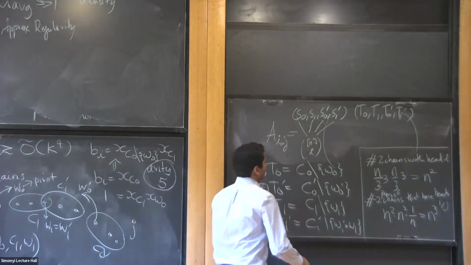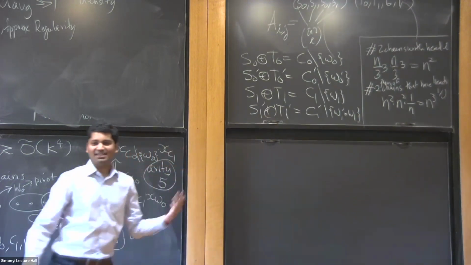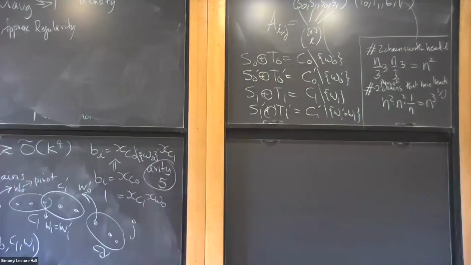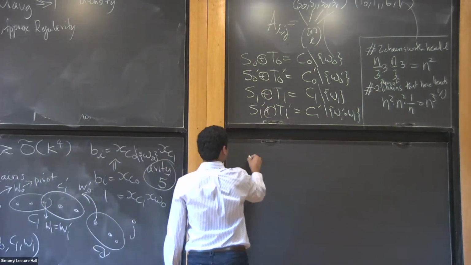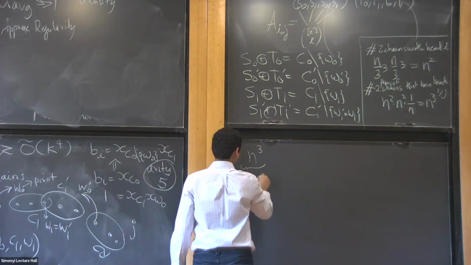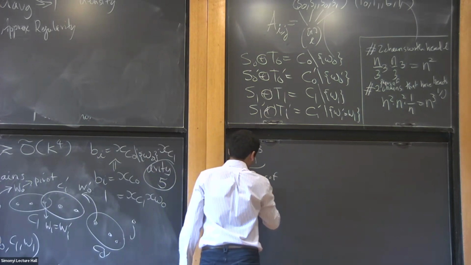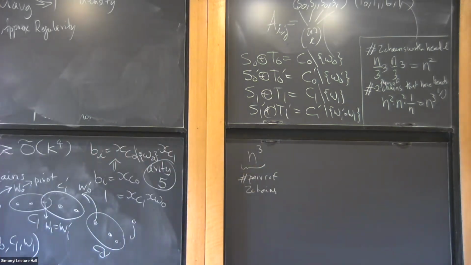Great. Now, let's estimate how many edges I have in A sub ij, and what its average degree is. So how many edges do I have? Each of the n cubed pairs of two chains gives me multiple edges.